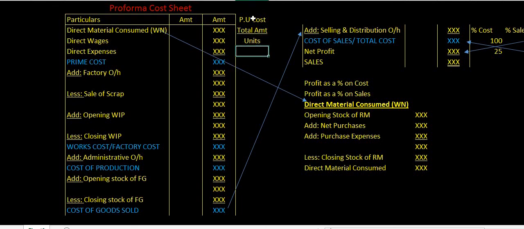For each column you will divide this amount by the number of units given to us, and we get our per unit cost. Because in a lot of cases in unit or output costing and job costing, you might need to calculate per unit cost. If required, this is the easiest way.